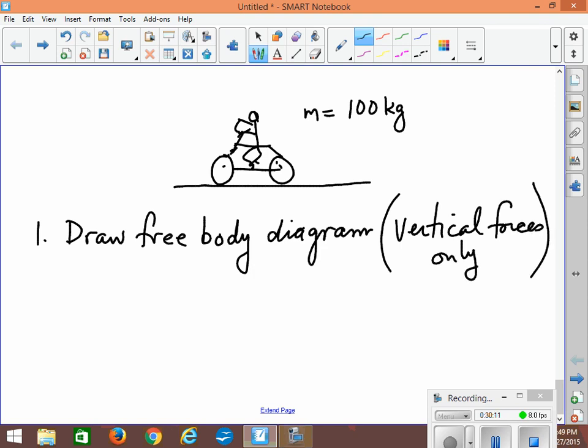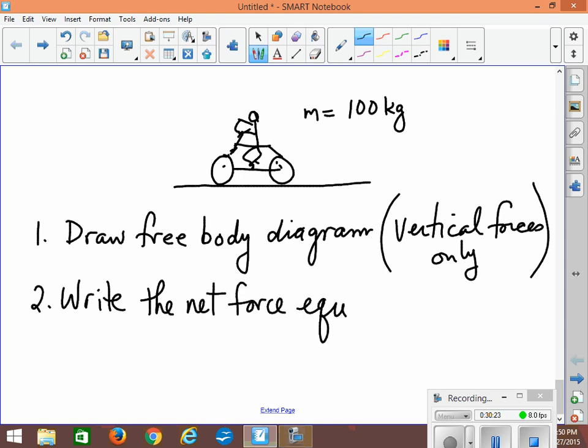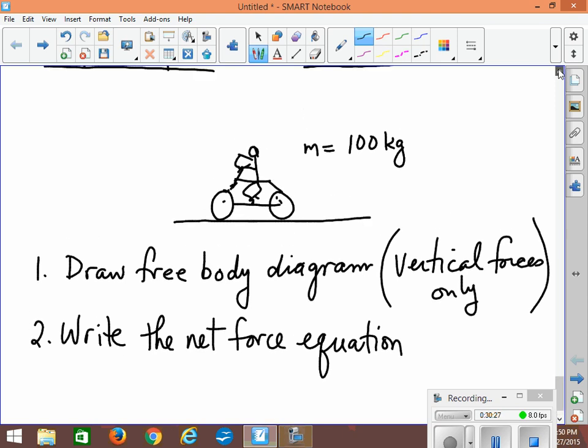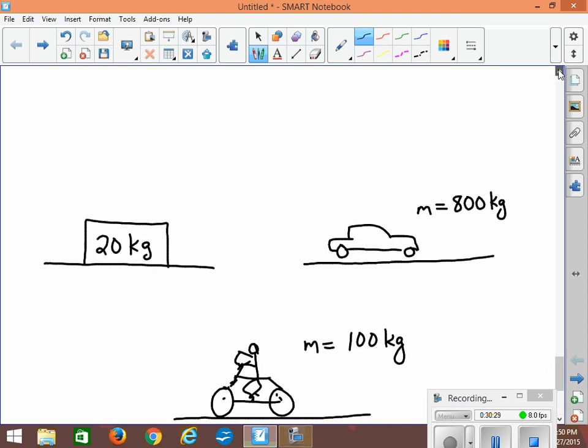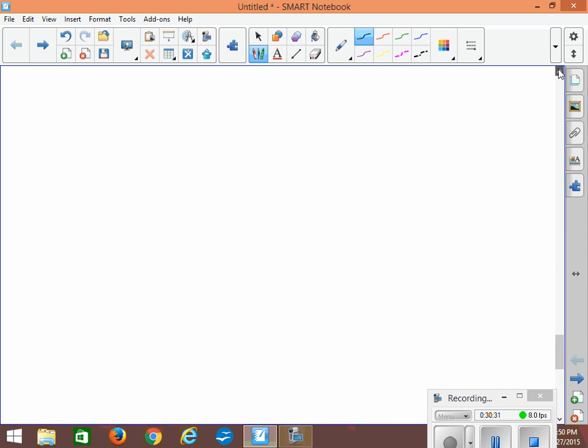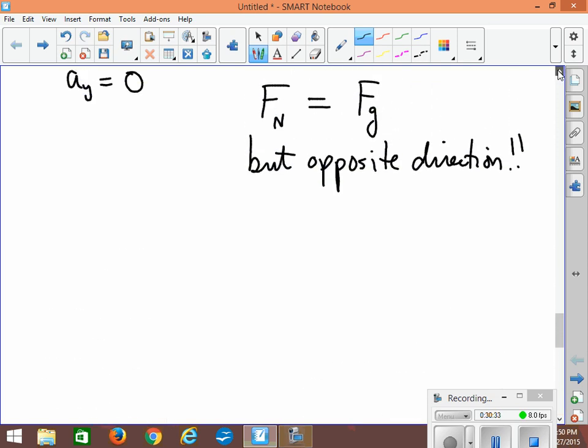Then, I would like you to write the net force equation, which is that sentence. Write the net force equation. And I'll just show you, in case you're not sure what that means. That's what we started with, back up here. Oh, we have a whole extra page there.